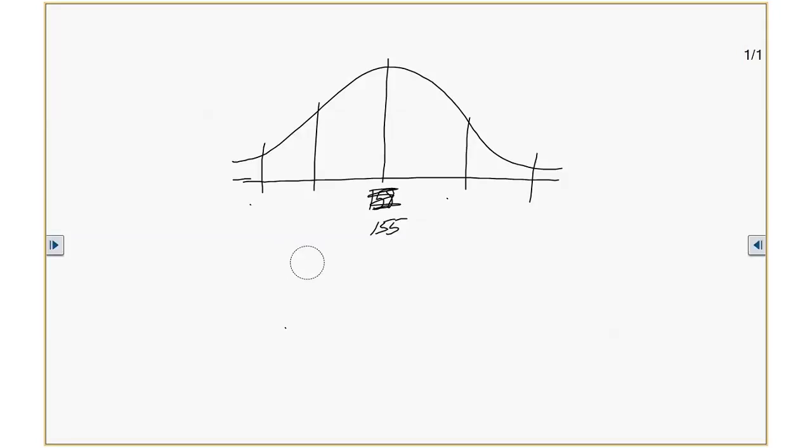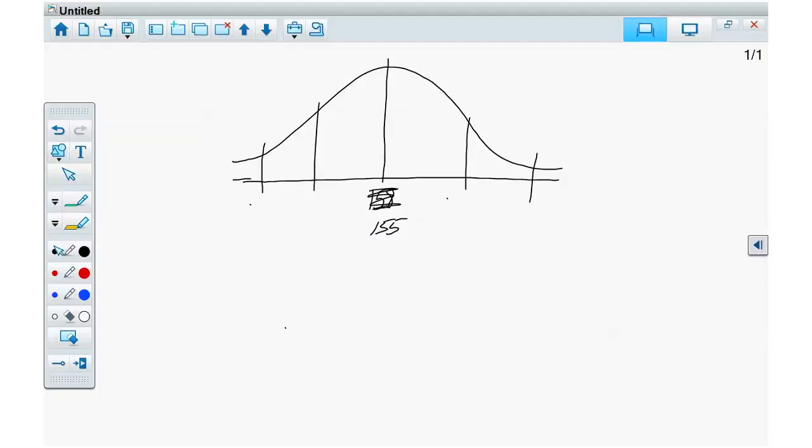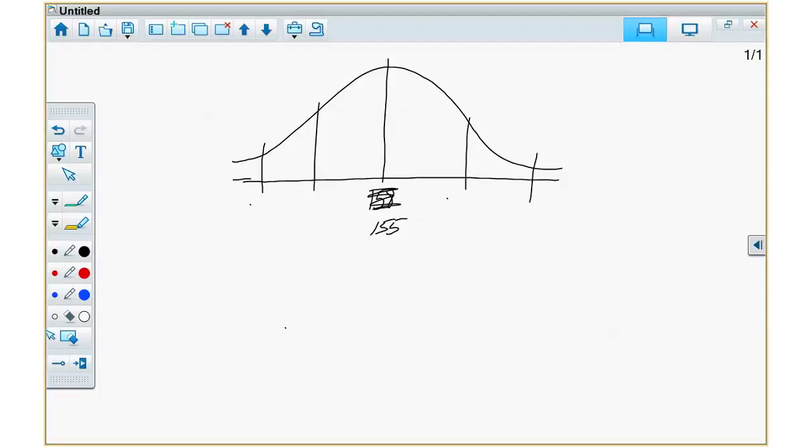104. Yes, 51. I'm trying to show you how they do the range rule of thumb.